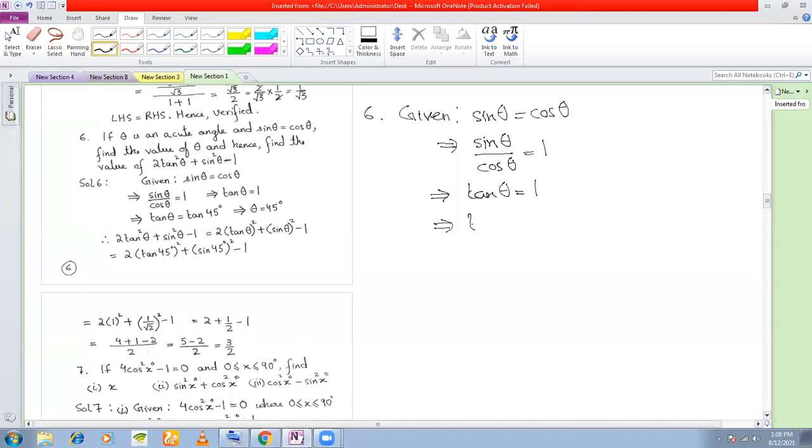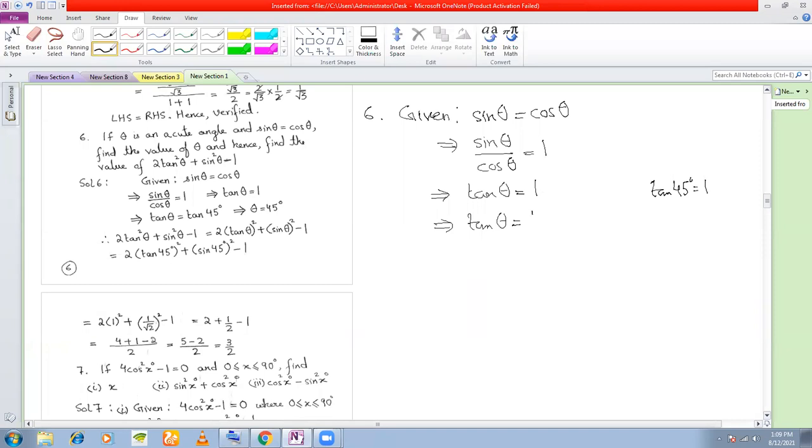Now what value of tan is 1? Anyone can tell me what value of tan is 1? None can tell me? Tan 45 is 1. Tan 45 degree is 1.